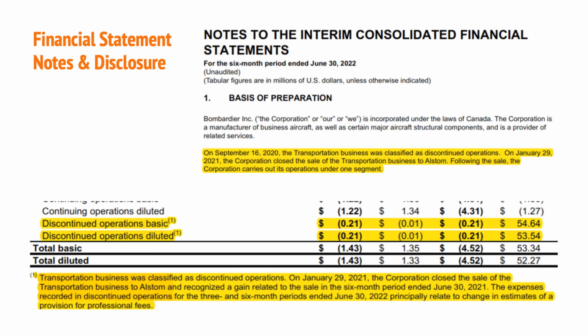As per IFRS 5 33B, they disclose in the notes that the single amount of $20 million loss was after a calculation including the recognized gain related to the sale as well as the relevant expense recorded in this discontinued operation.